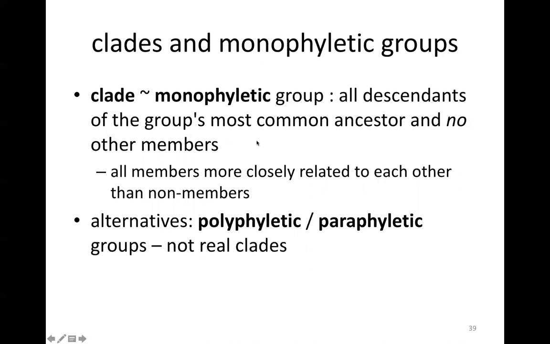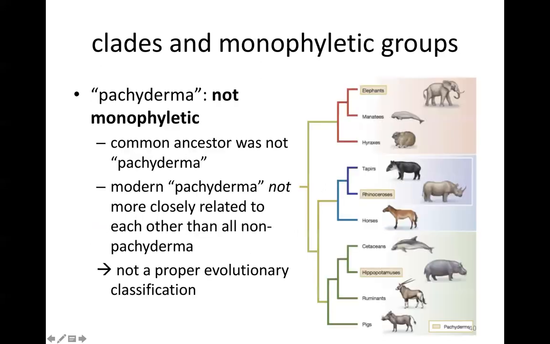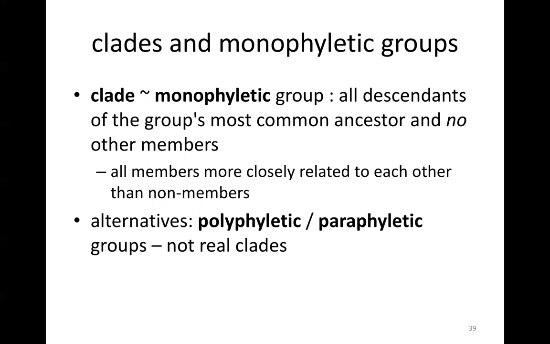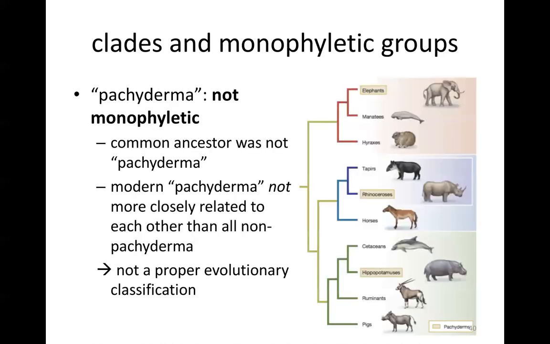In other words, we can say all members are more closely related to each other than to non-members. Alternatives are polyphyletic and paraphyletic groups, which are not real clades. It will be clear when we see some examples.